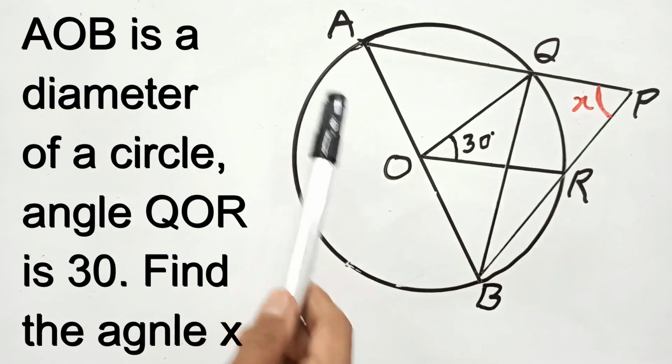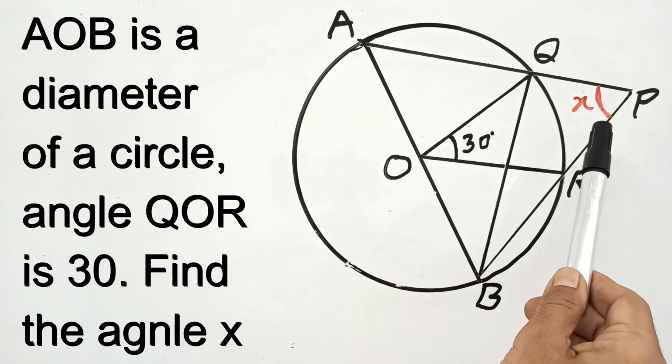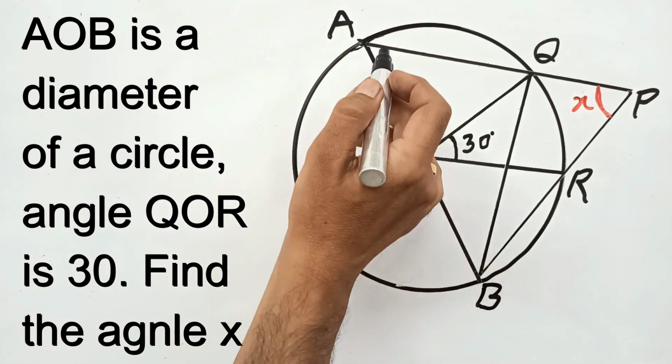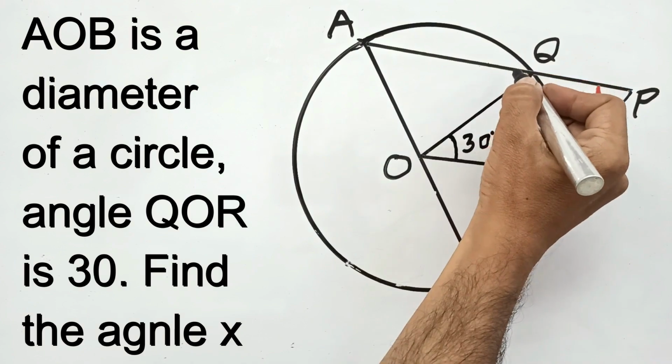In a given diagram, AOB is the diameter of the circle and angle QOR is 30 degrees. We need to find the angle X. So listen student, AOB is a diameter. So this part is a semicircle and we know that the angle in the semicircle is 90 degrees.